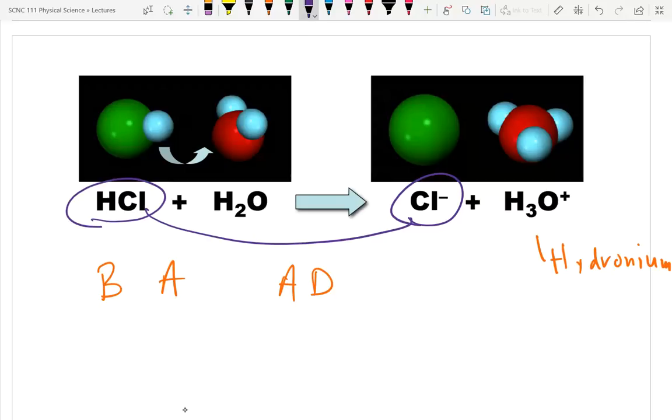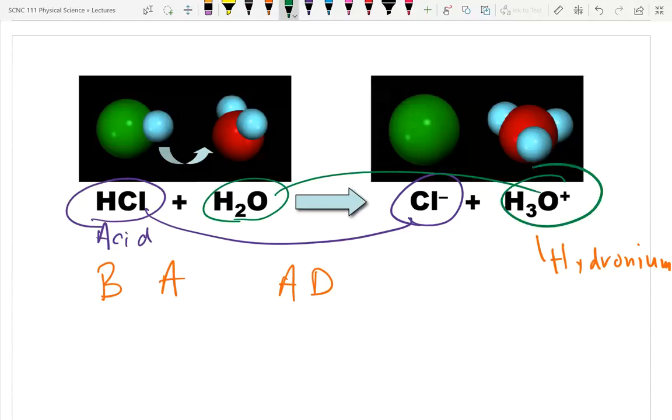So that means that the HCl, since it donated, was an acid. The H2O, the water, what did it do? It accepted, and so that was a base. So in this case, the HCl was an acid, we call it hydrochloric acid, and the water was a base.